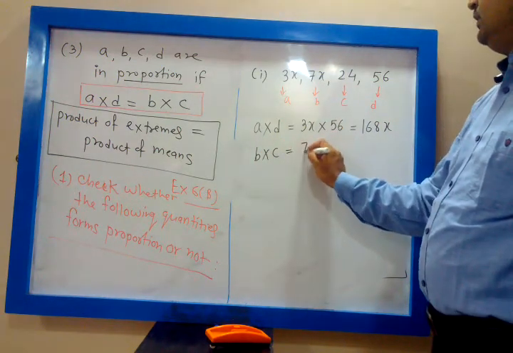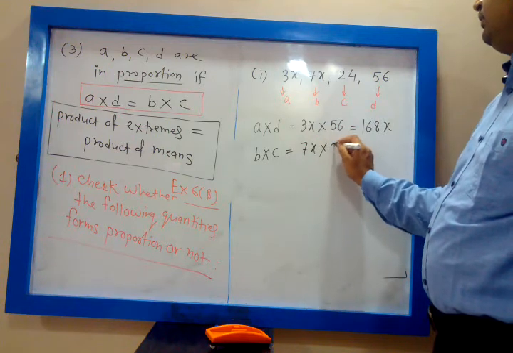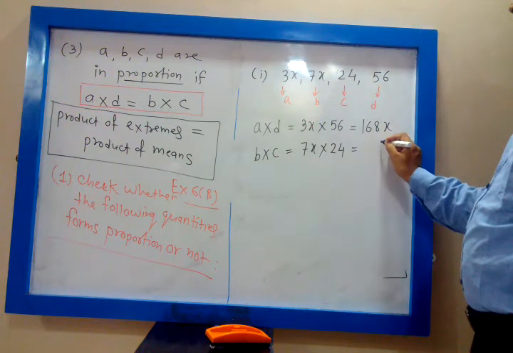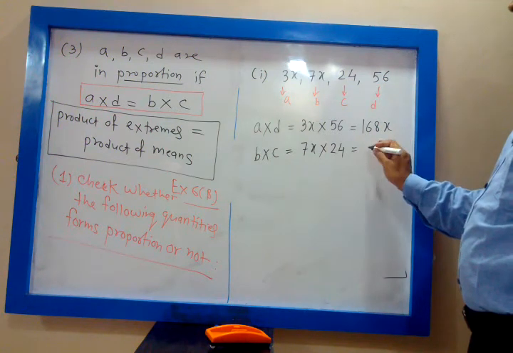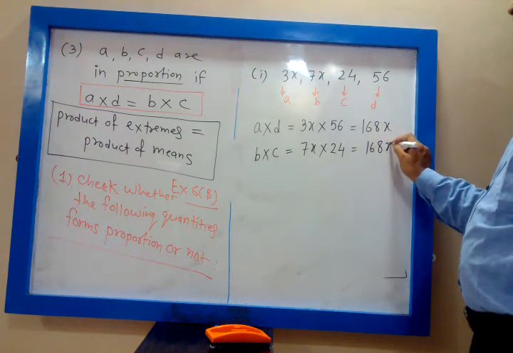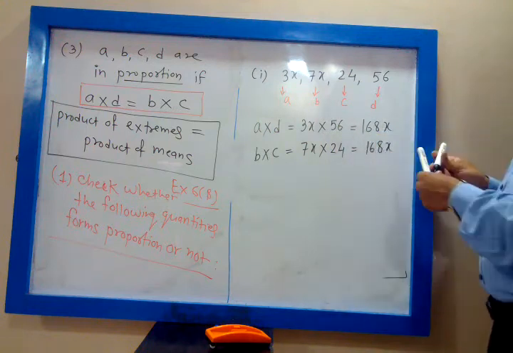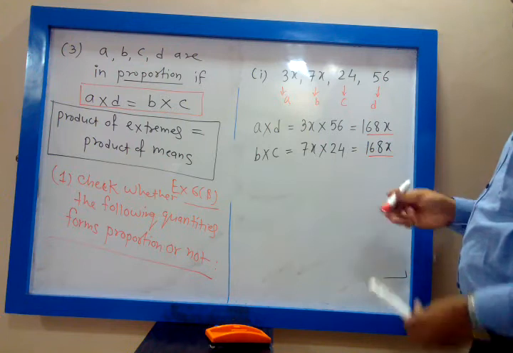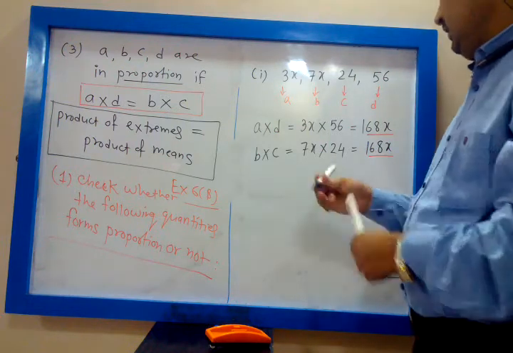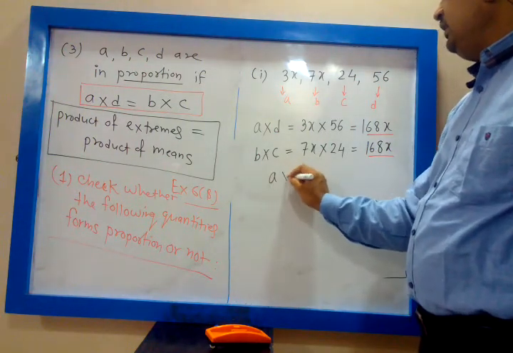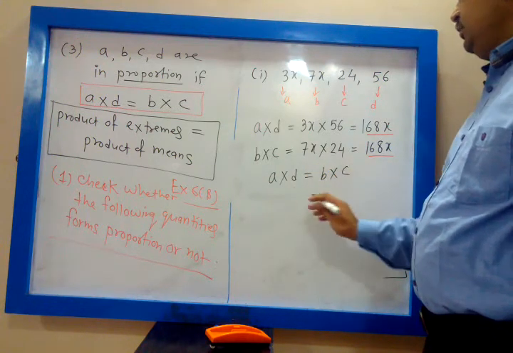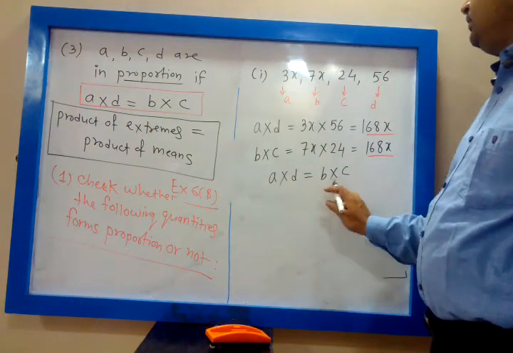B into C, 7x into 24. Multiply 24 and 7. 7 4s are 28, 7 2s are 14 plus 2 is 16, so 168x. Whether both are equal, 168x, this is 168x. Yes. So A into D is equal to B into C.